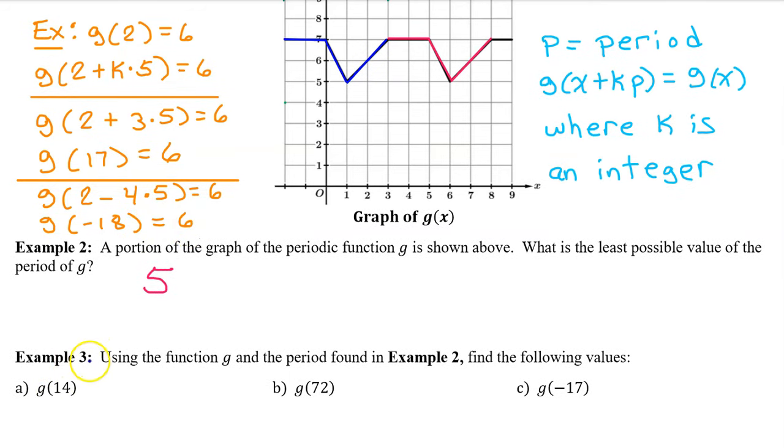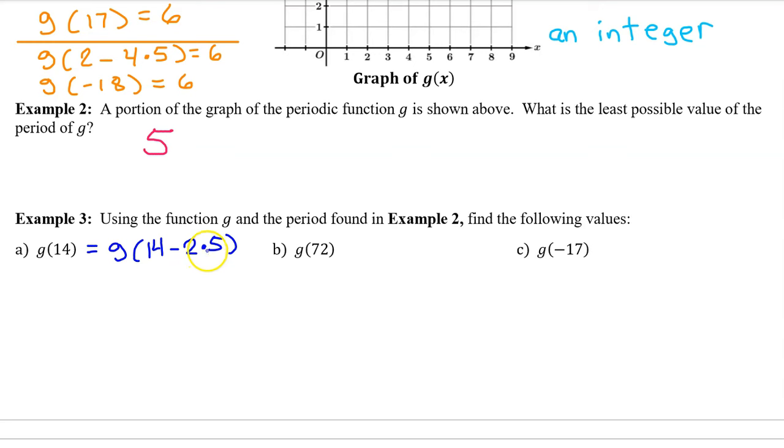Getting back to example 3, part A, g at 14 is off the chart, but I can add or subtract multiples of the period without changing the output value. So let's subtract multiples of 5 from 14 until we get a value that's on the graph.